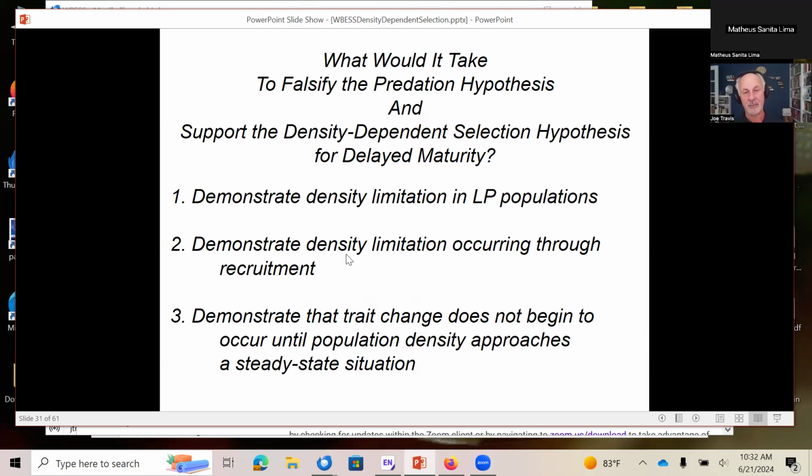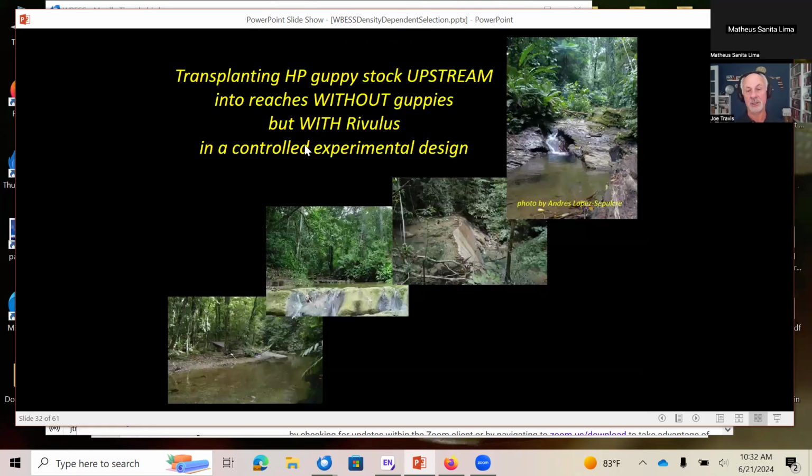Second, can we demonstrate that it occurs through recruitment? Now, a 28-day period is not a very long period to really estimate recruitment, though we do have evidence that recruitment was affected by those manipulations. We really would like to see this in a much longer time series. Our solution to this problem was to recreate the colonization of an upstream location.